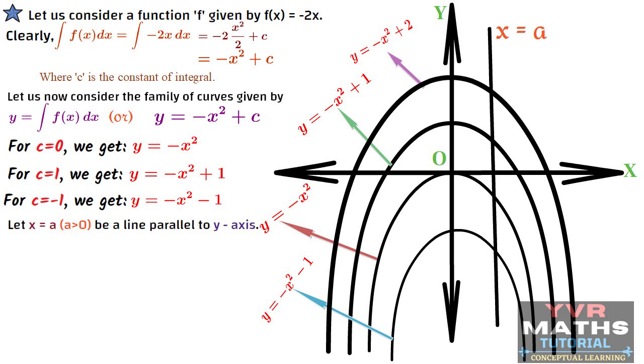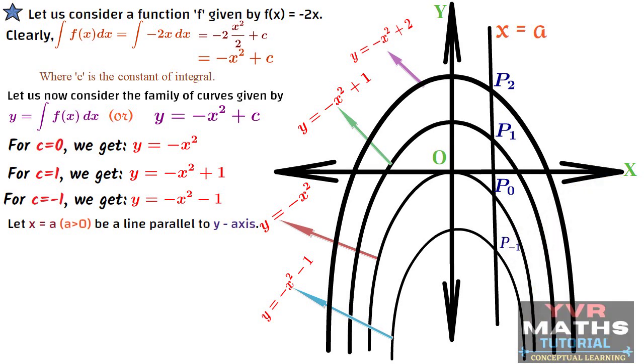Suppose the line x is equal to a intersects the parabola y is equal to minus x square at p0, y is equal to minus x square plus 1 at p1, y is equal to minus x square plus 2 at p2, and y is equal to minus x square minus 1 at p minus 1 respectively. Then at each of these points, the derivative of the curve is minus 2a.